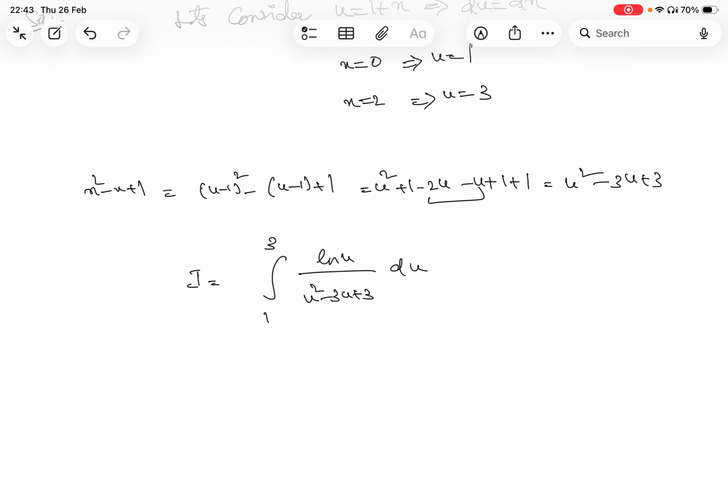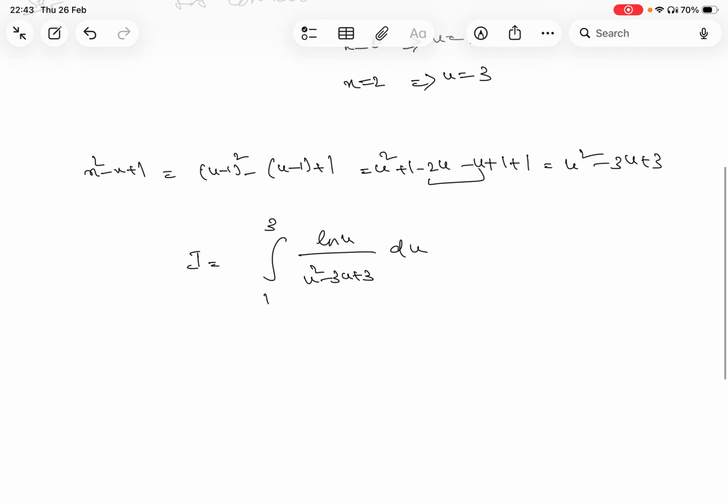Let's try to make some substitutions here to get into some symmetric form. Let's consider w as 3 by u. This gives dw equal to minus 3 by u² du.